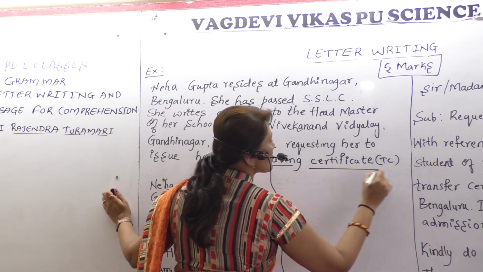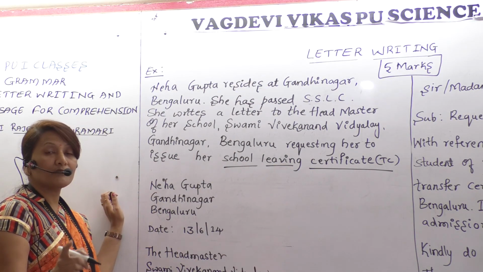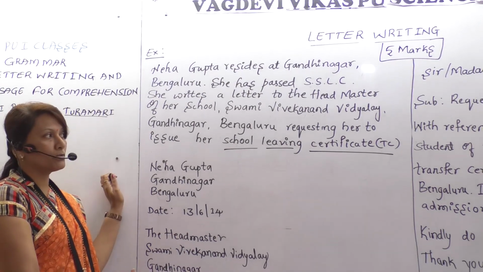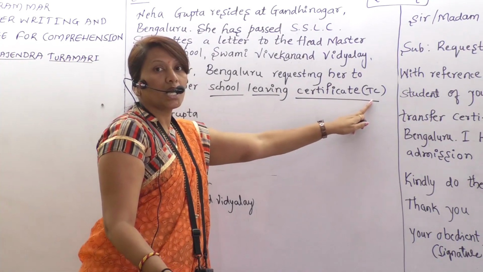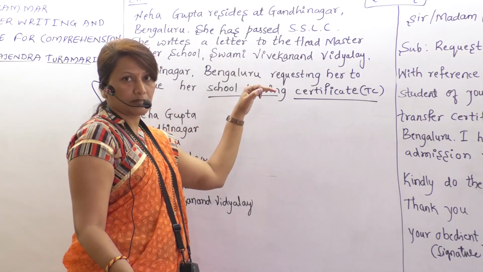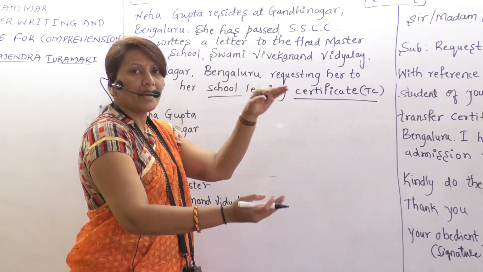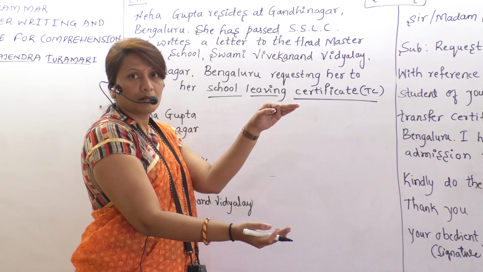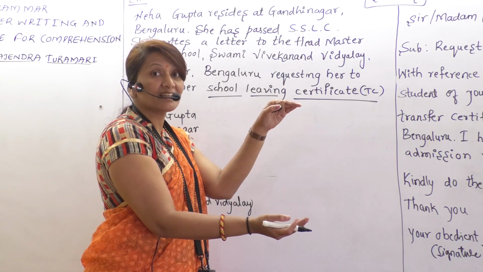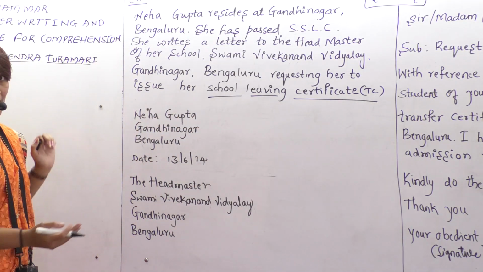School leaving certificate, which means you have to write an application to issue the TC. So when you get such a question in your examination, you have to remember all 8 points which will make you write an official letter effectively and present your letter.